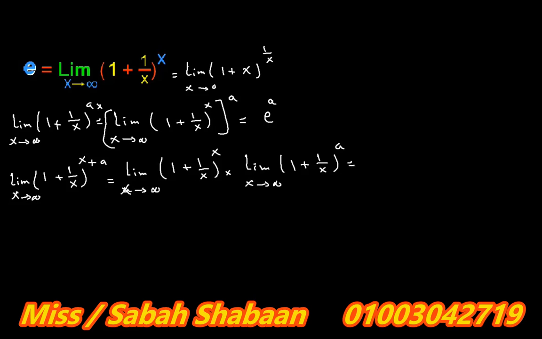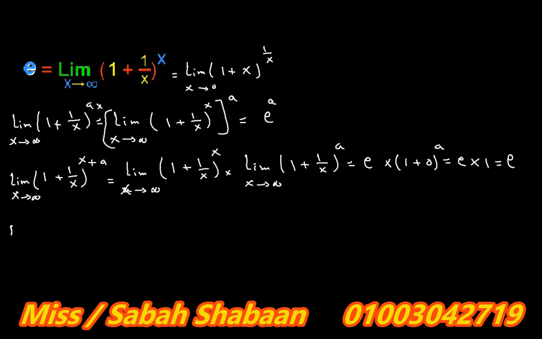The first part equals e from the rule, times the second part: as x tends to infinity, 1/x tends to 0, so (1 + 0)^a equals 1. So the result is e times 1 equals e.